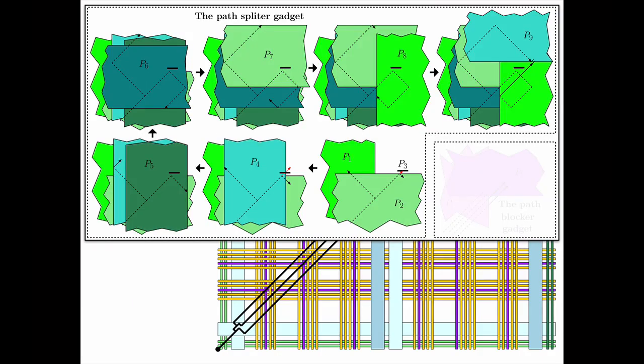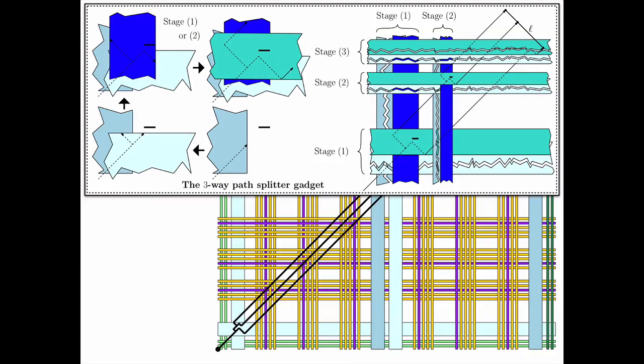Now, the general key components of this specific 3D shortest path problem are the following. First of all, we have some path splitter gadgets which double the number of shortest paths for this specific instance passing through this path splitter gadget. Furthermore, we have three-way path splitter gadgets which triple the number of shortest paths passing through this gadget.